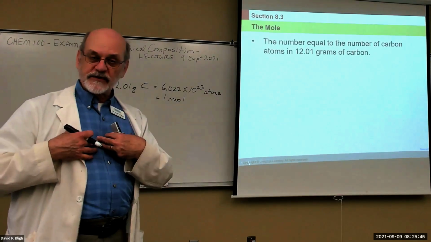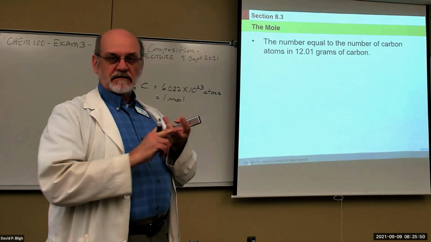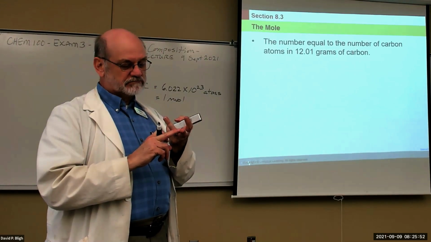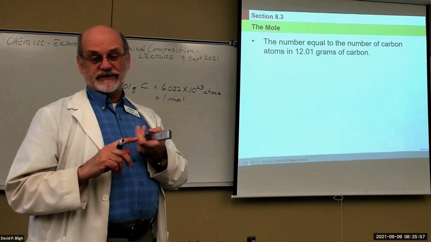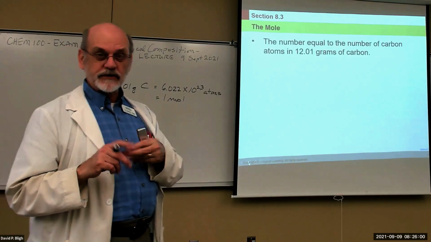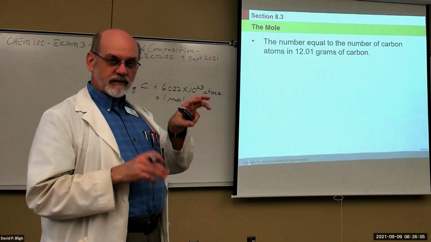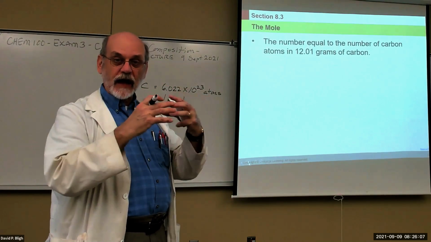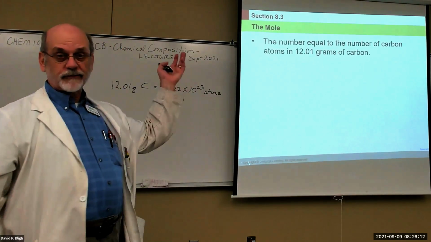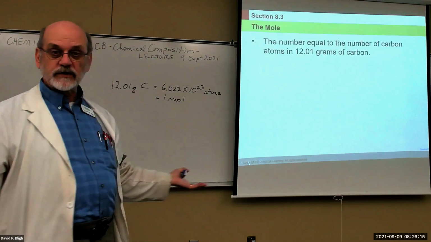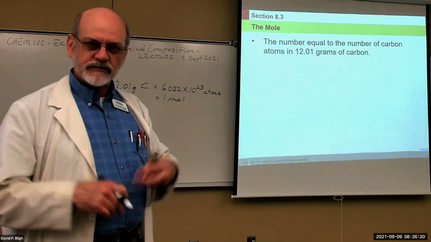So for our purposes, that could be atoms, could be ions, it could be molecules, it could be formula units, like sodium chloride, which is not a molecule. Sodium chloride is the simplest whole number ratio of sodium atoms to chloride ions in the solid. It could be 6.022 times 10 to the 23rd chickens, which would be 1 mole of chickens. It's just a number.